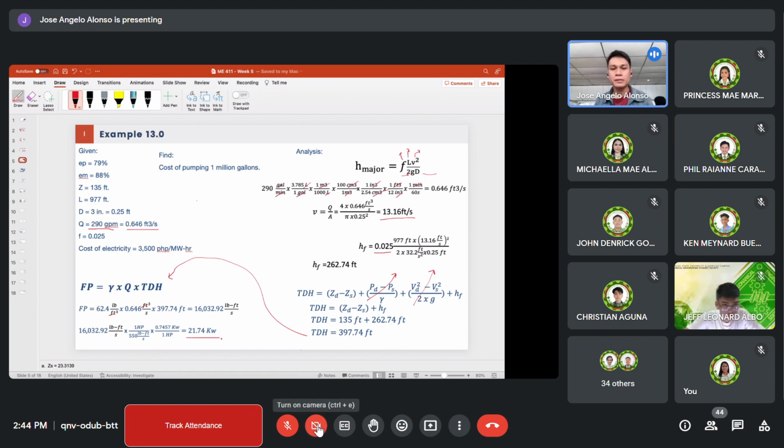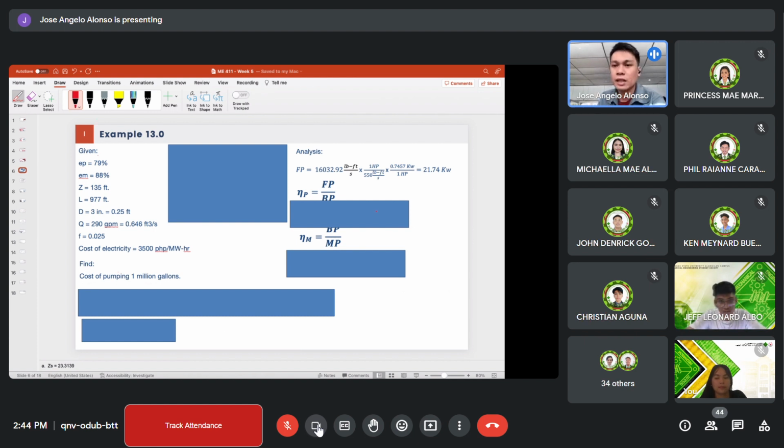Okay? Actually, hindi pa tapos dyan. Kinuha lang natin yung fluid power based dun sa analysis natin nung umpisa. Ang kukunin talaga natin dito is motor power natin. So gagamitin natin yung mga efficiency later on to determine the motor power. So we already have the value of 21.74 kilowatts.